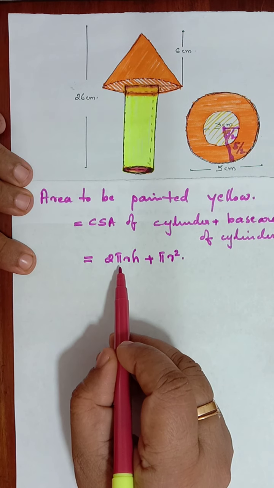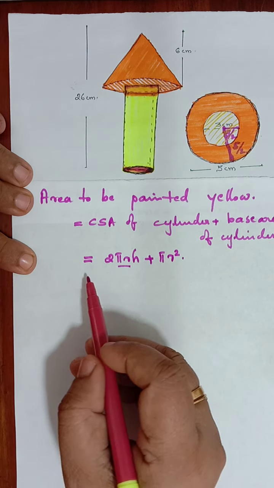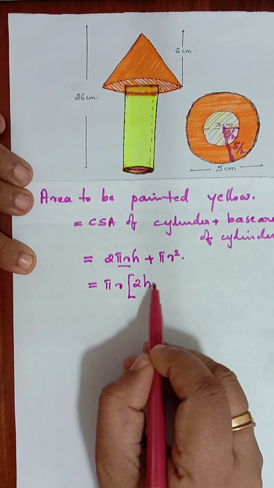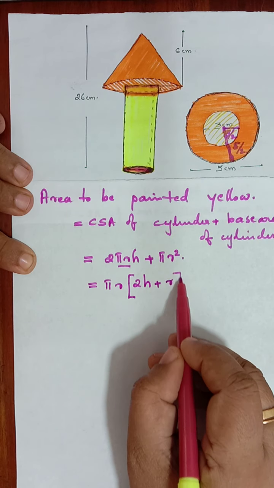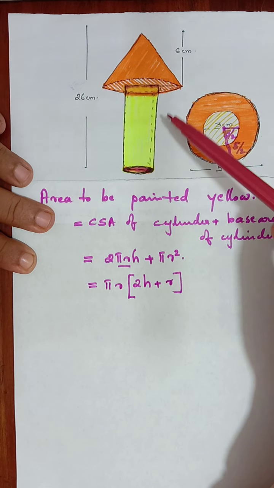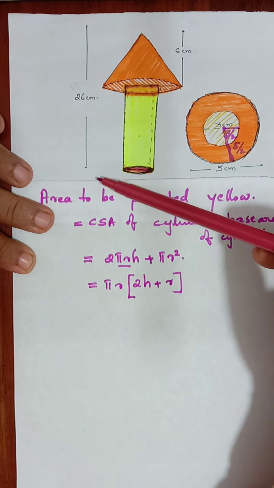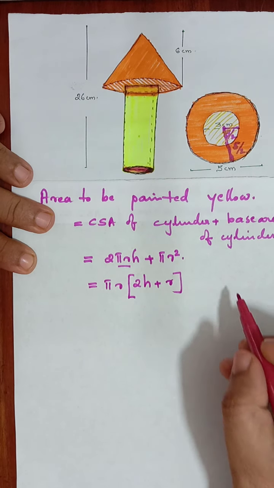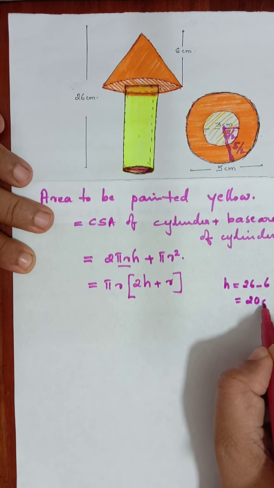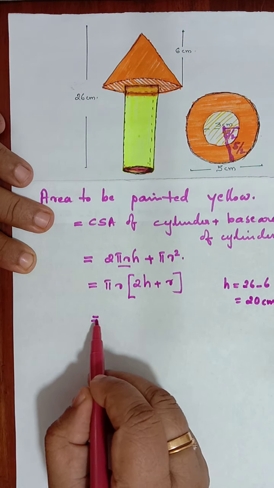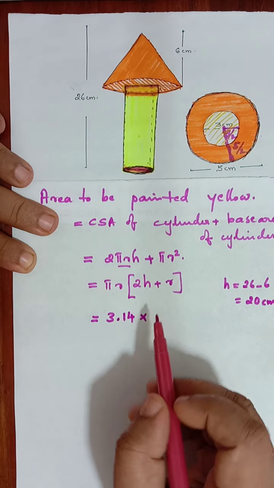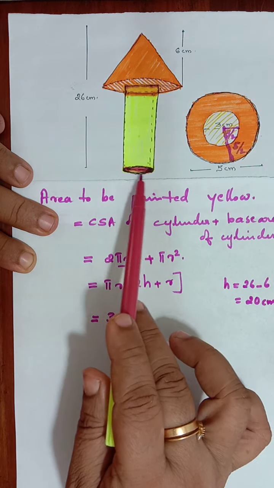Let us see the common thing. Pi R is common. So here we are taking out pi R into 2h plus R, since one R has gone outside. Here h, what is the height of the cylinder? That is total height minus height of the cone. So h will be 26 minus 6, that's equal to 20 centimeter. Let us substitute pi as we said, 3.14 into radius. It is the radius of this portion we have to take.